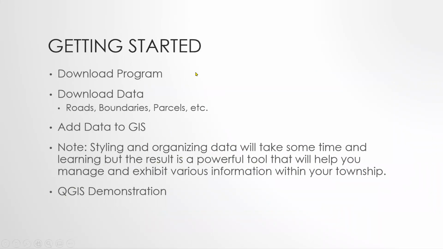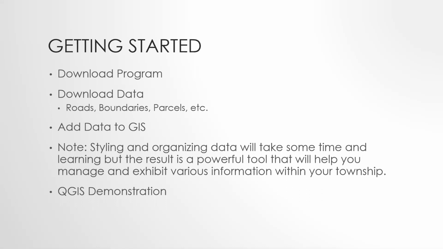So getting started, you download the program, you get the data that you would like. Just examples here, road boundaries and parcels would be a good place to start. And then I'll go through how to add it.